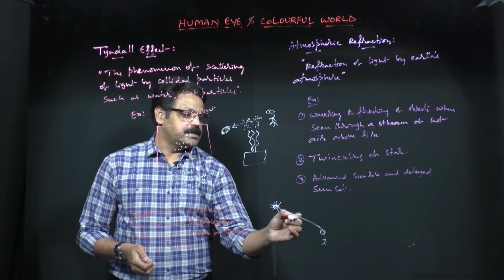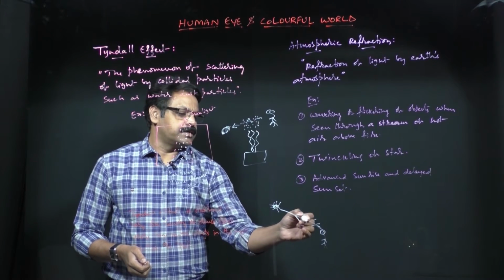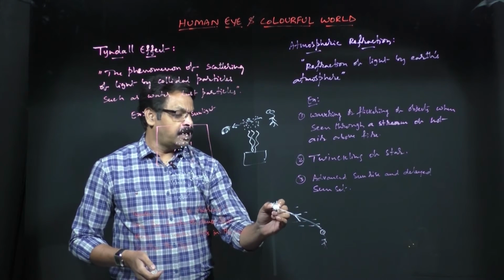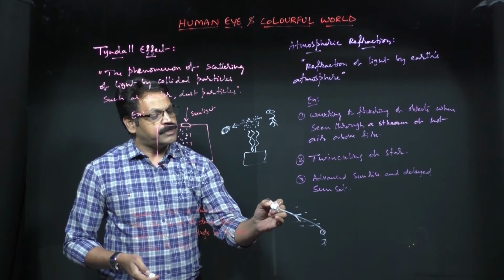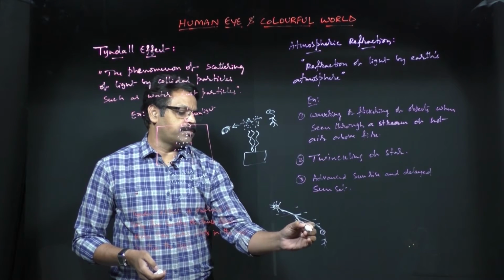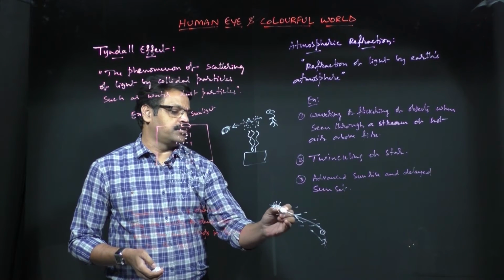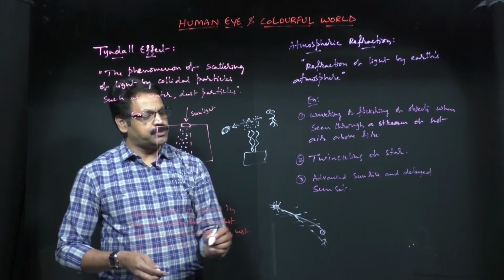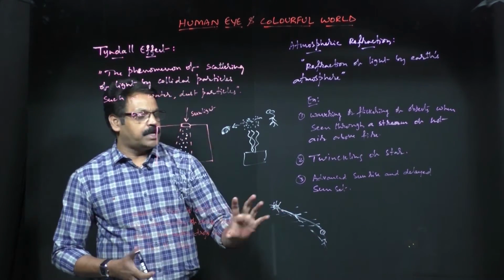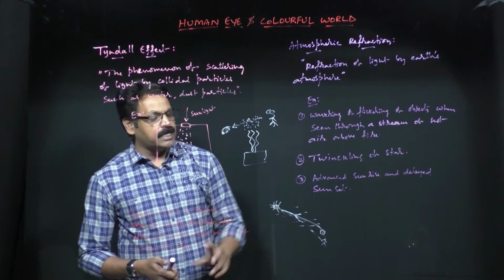But when the atmosphere is changing, the intensity is changing, because the apparent position of the star will not be the same, as it undergoes bending through the atmospheric layers. Then the position is going to change. Because of the change in position, the brightness of the star will not be the same every time. That is the reason it gives a twinkling effect.